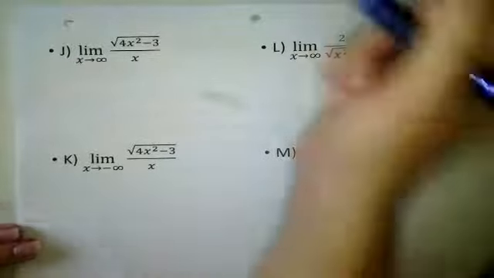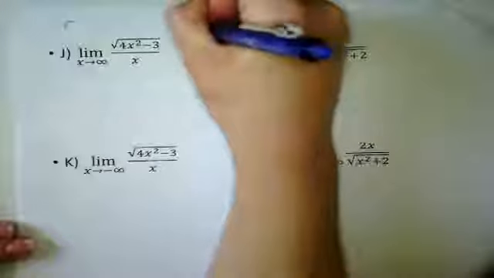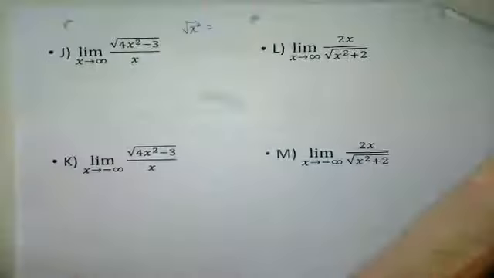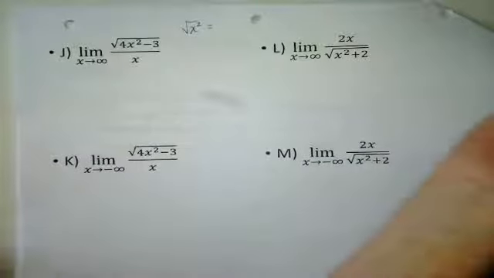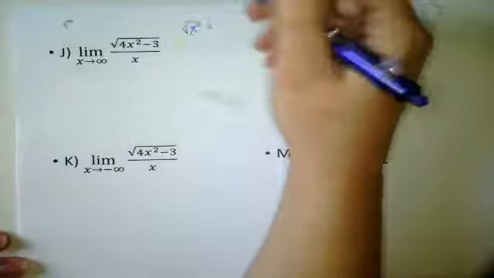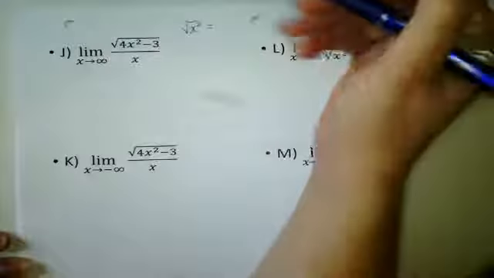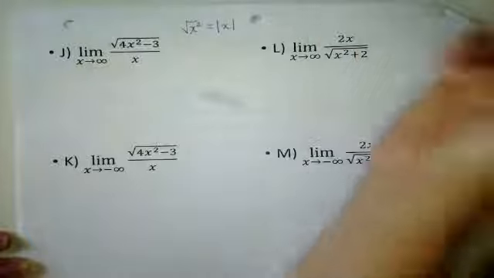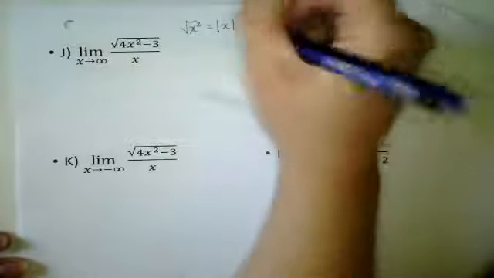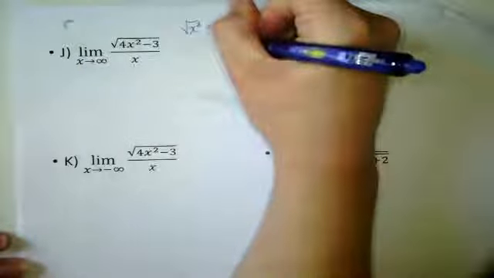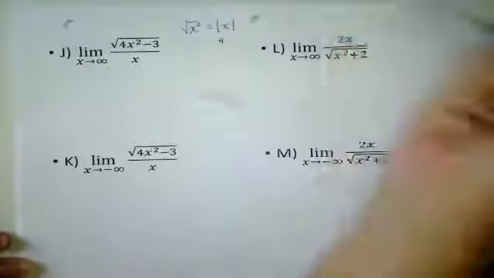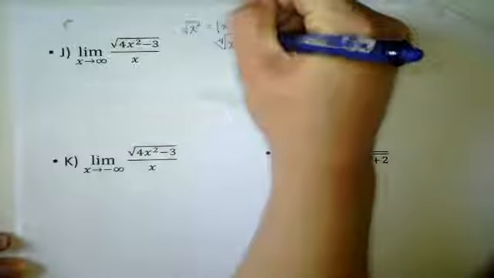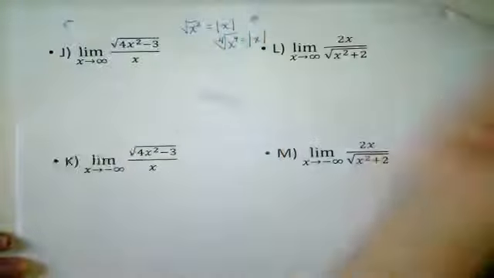I do want to just remind you that the square root of x squared, this goes back to pre-cal, the square root of a variable squared is the absolute value of the variable. Important to remember that absolute value piece. And the same is true for the fourth root of x to the fourth. It still is the absolute value of x.